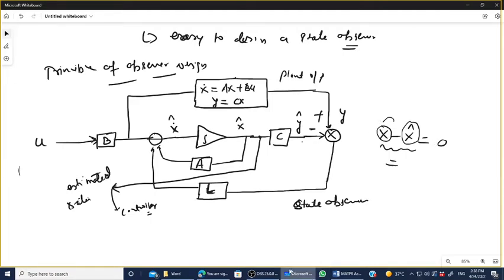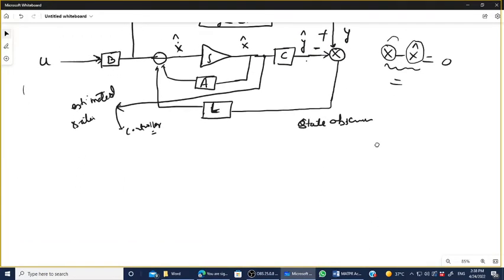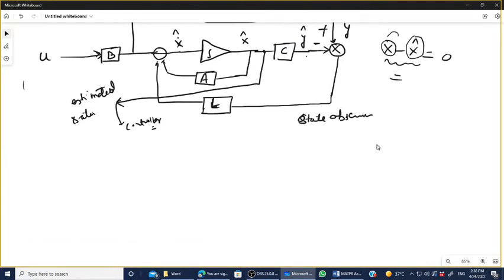I will tell you what happened here. First of all, you just write down the dynamics. Let us consider the state model. Let's say x dot is equal to ax plus bu, y equal to cx.